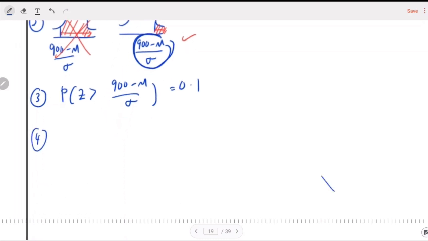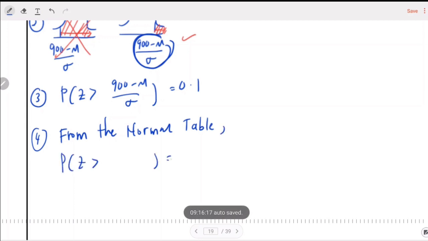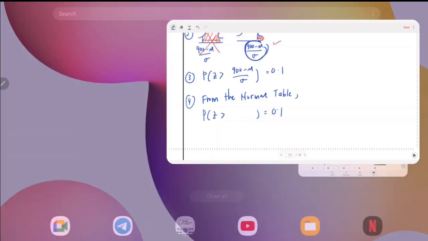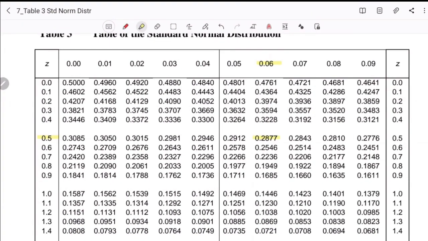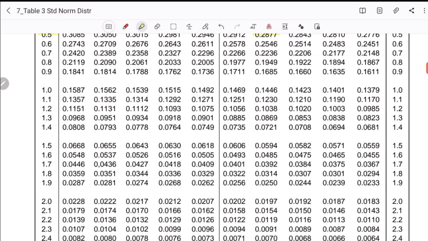Lastly, take a look at the standard normal table to find the value of Z that will give us the probability of 0.1. Find the probability of 0.1 or the closest one to 0.1.